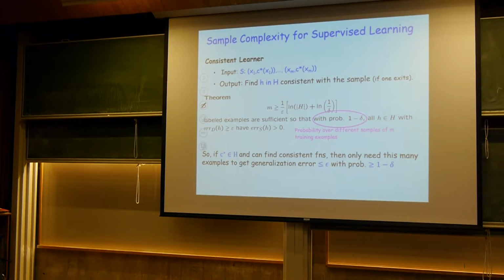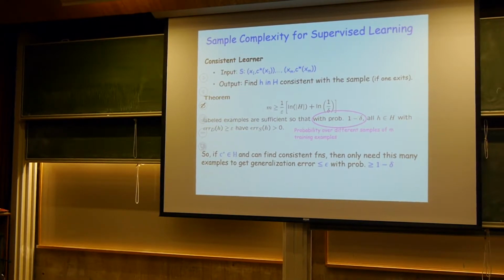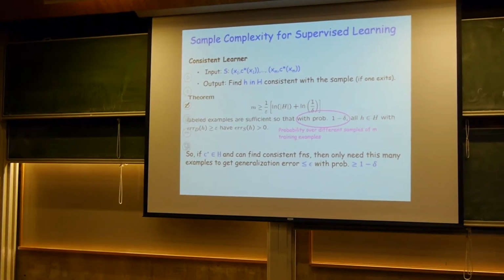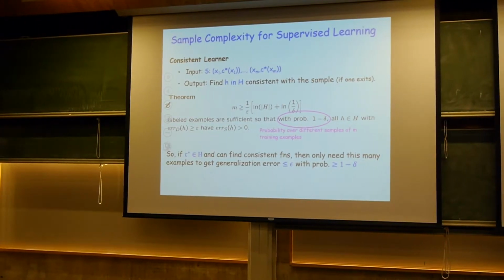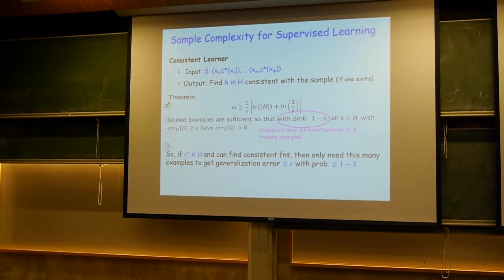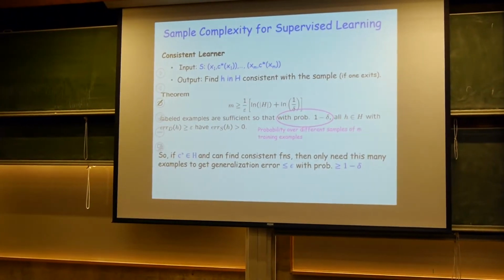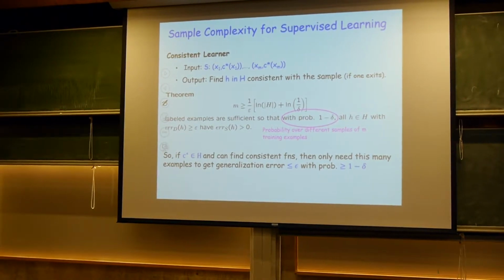In the case where the target function indeed belongs to my concept class, I'll be able to find something that perfectly labels the sample. And so if the number of samples I've seen is of this order, then I'm guaranteed that my generalization error will be at most epsilon. So I'm going to be doing great. Okay? That's the statement that we discussed last time and proved in detail. It was a one slide proof, super insightful proof though.